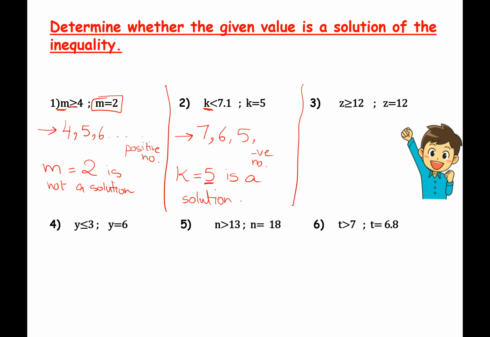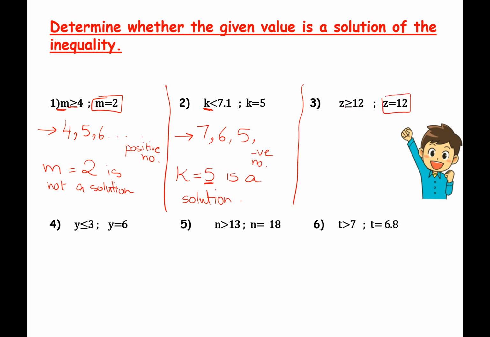Excellent. Now, for the next 4 questions, I advise that you pause the video and try to solve them alone, and then check whether it's correct or wrong. Okay, z is greater than or equal to 12. Is z equal to 12?